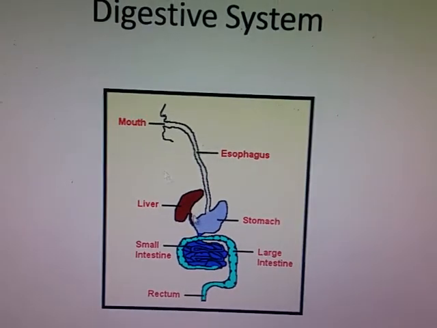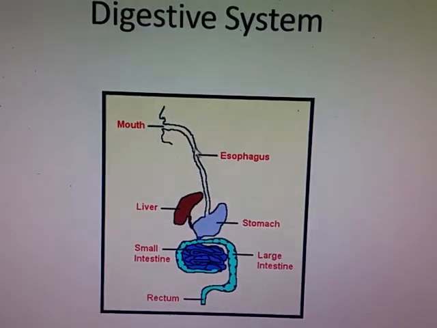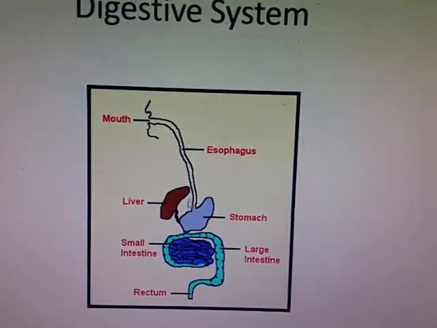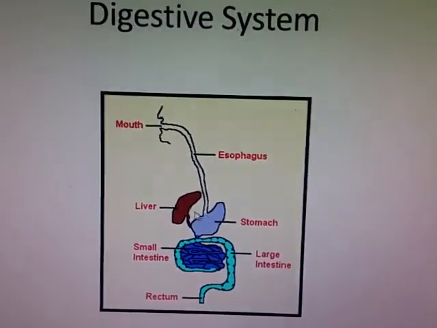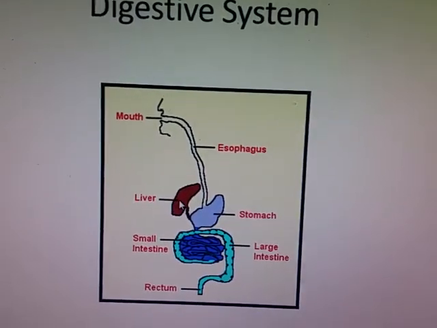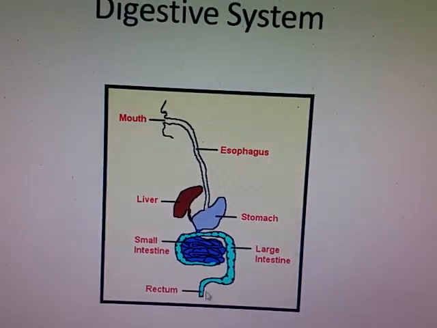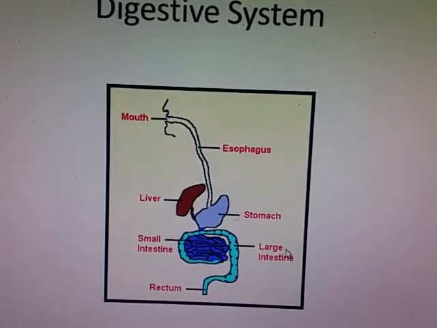It's this system that includes the mouth, this canal, the esophagus, and some organs like the liver, the stomach, the small intestine, the large intestine, and the rectum.